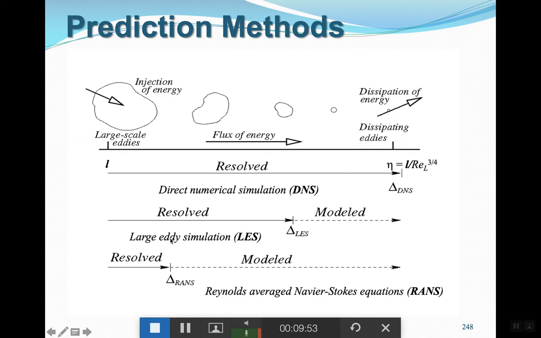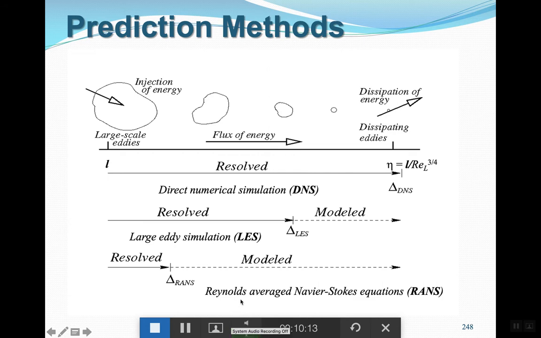If you use a method called large eddy simulation, you will resolve up to the medium-sized eddies, meaning you will use your basic equations to solve them, but for small eddies you will use modeling, meaning auxiliary equations.